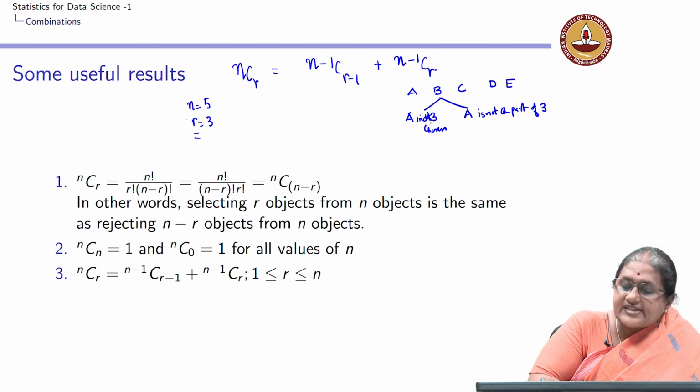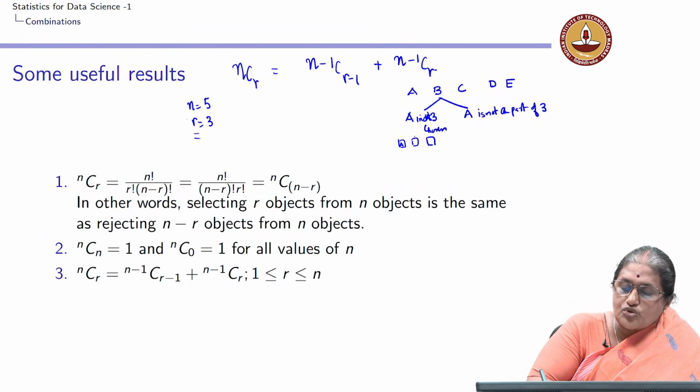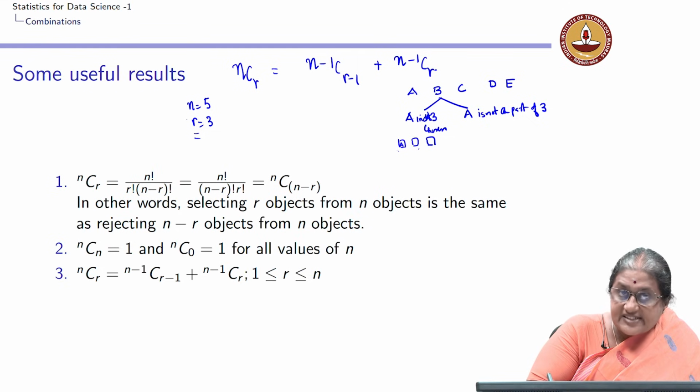If A is a part of the 3 that is chosen, I have to choose the remaining 2.